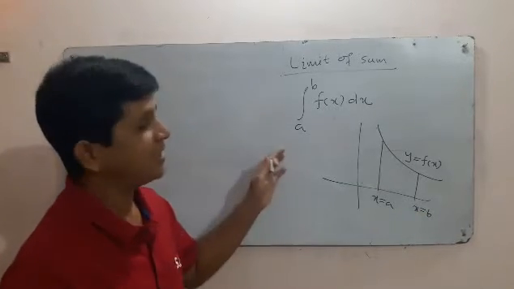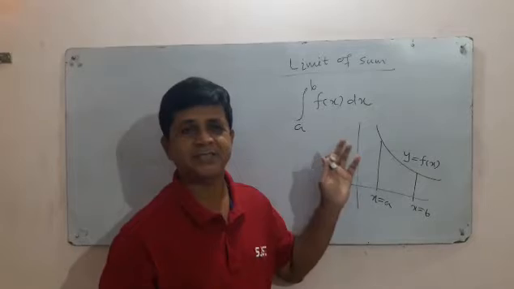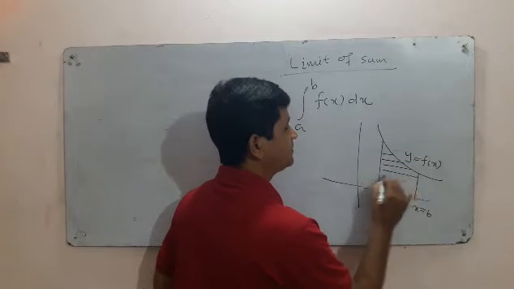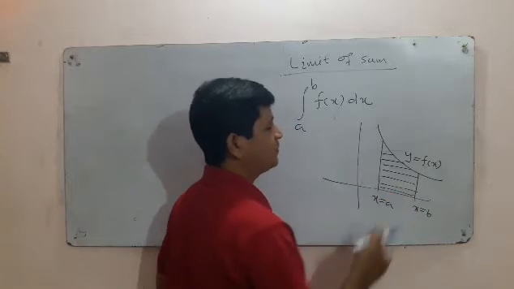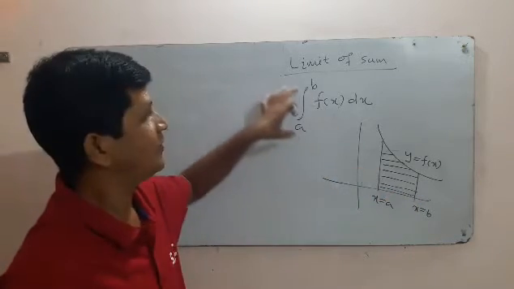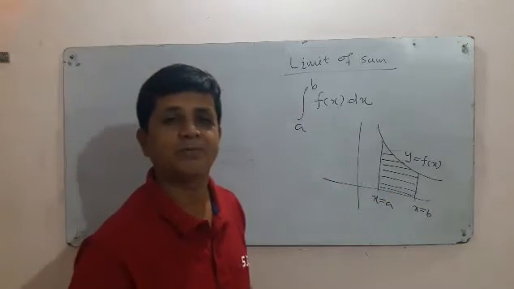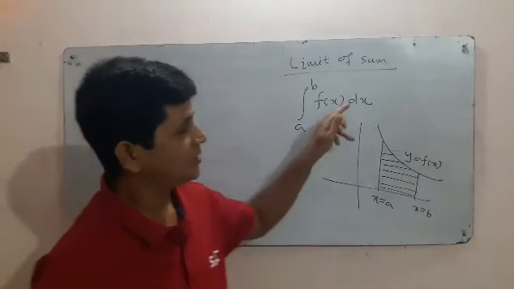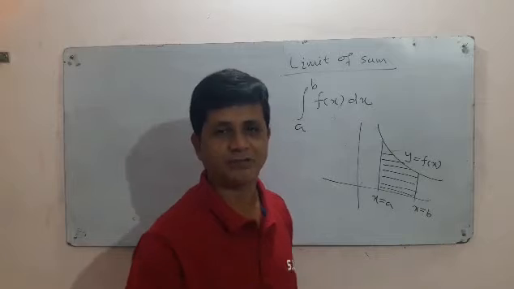So what is the integration from a to b f of x? That means the area covered by these boundaries. This portion of area is the value of integration from a to b f of x dx, provided that the function, the curve, must be a continuous curve, right?